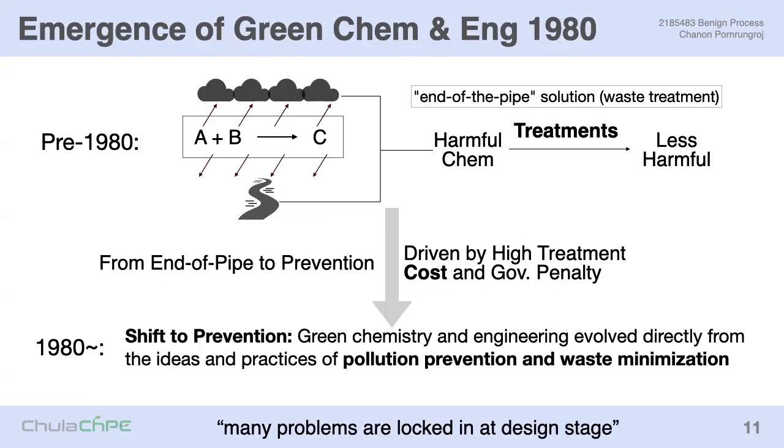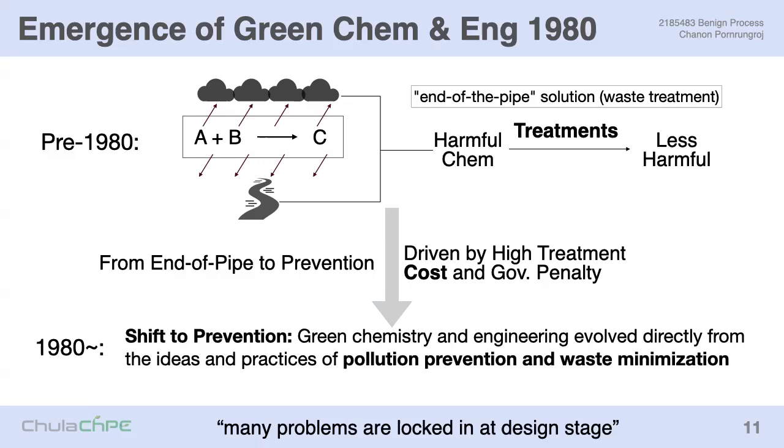Okay, so what happened before 1980? This is how we used to look at the process. We have A plus B equals C and many ways to come, right? I forgot, maybe you should put A plus B equals C plus D, and D is the waste, or the byproducts, right?